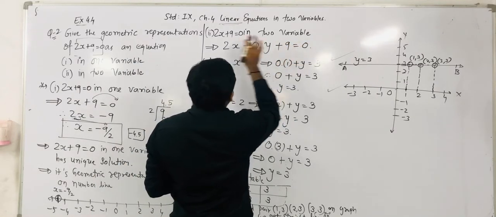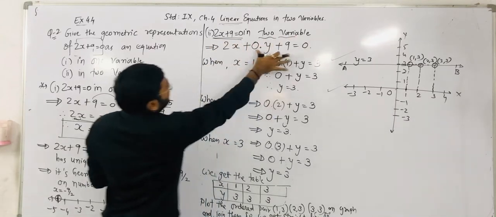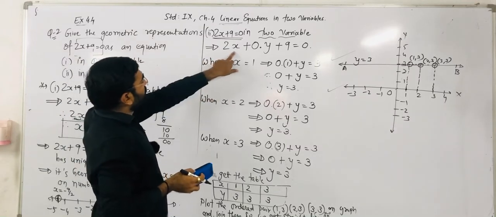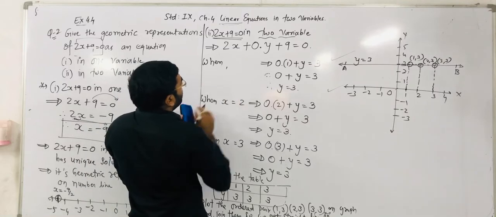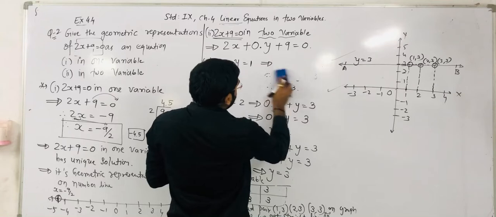So here we write that equation in two variables. Now x has a coefficient given, but the y coefficient is 0, so we take different values of y. Suppose we take y as 1. So what do we get?